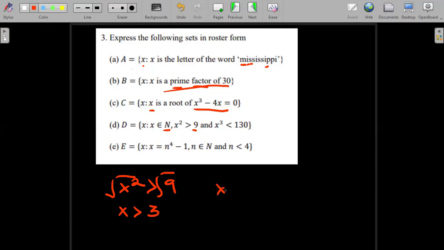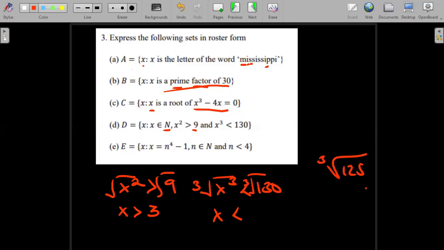Then on the other one, I have x cubed less than 130. I know that 130 is not a perfect cube. So if I introduce the cube root on this side, x is just going to be, I know that the cube root of 125 gives me 5.